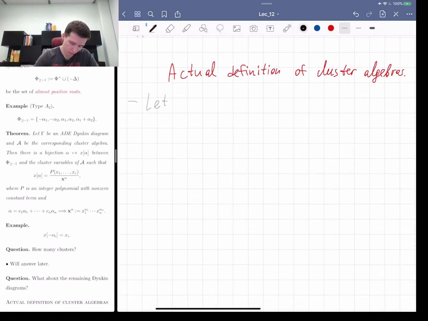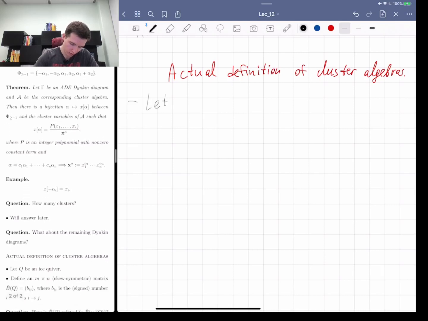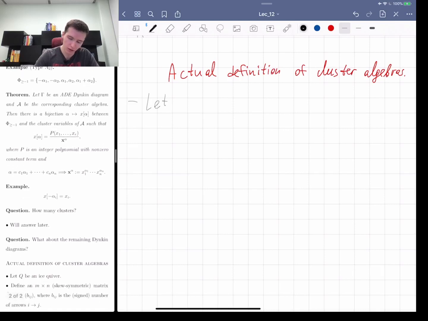Let Q be an ice quiver. So you have vertices. The first n vertices are mutable, 1, 2, up to n. These are mutable.